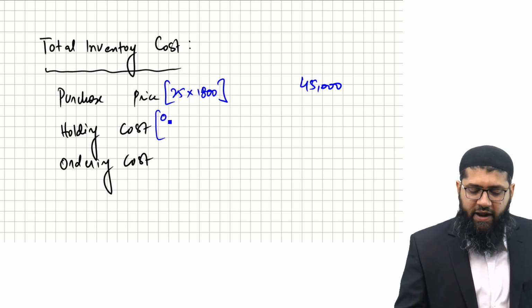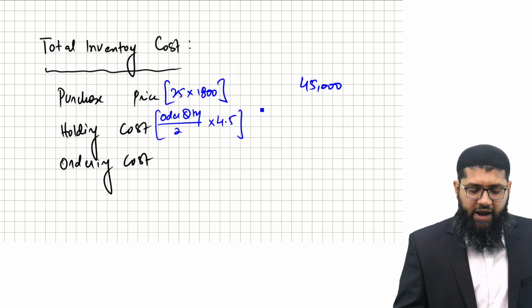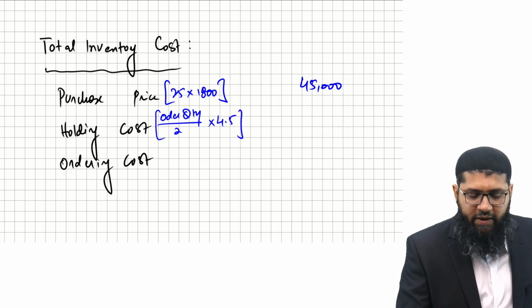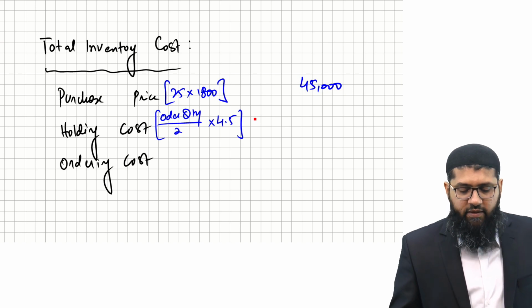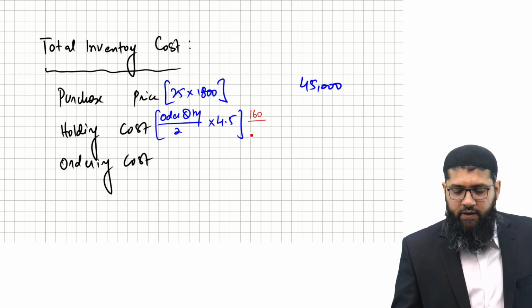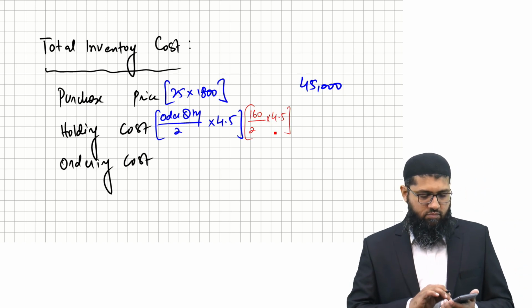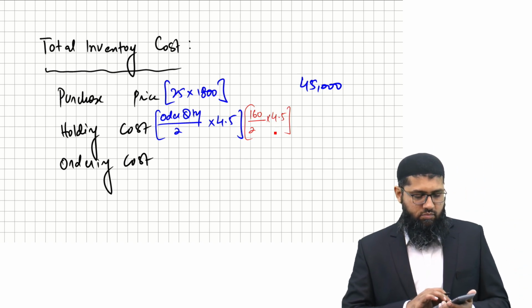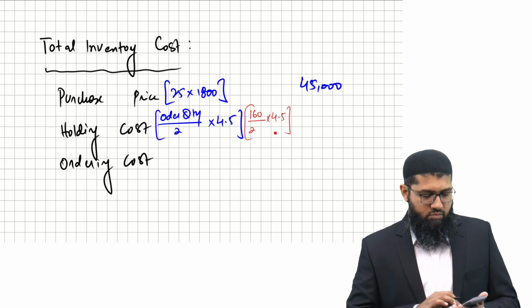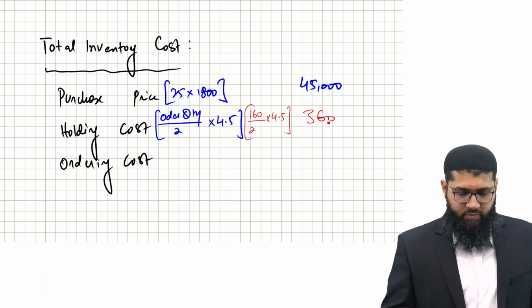So average inventory is order quantity divided by 2, multiplied by 4.5. The order quantity is 160. You divide by 2 and multiply by 4.5. Hence this is going to be 360.